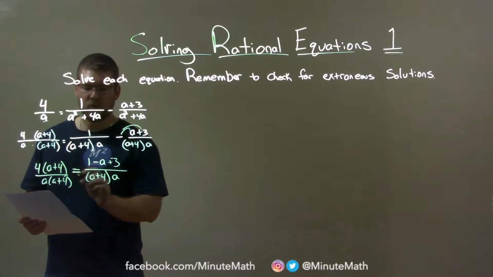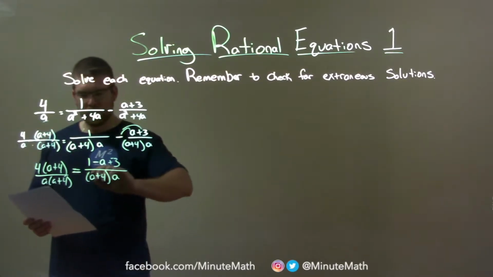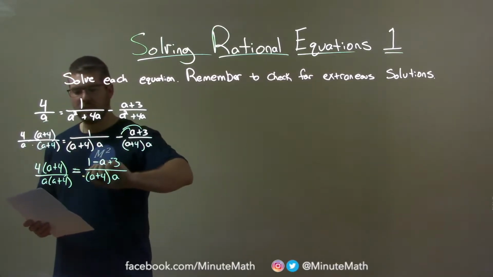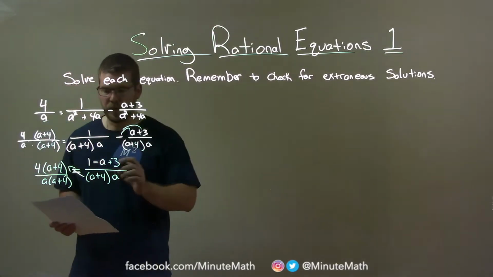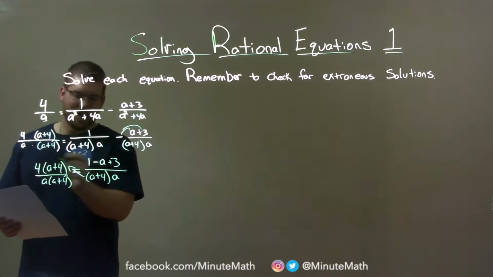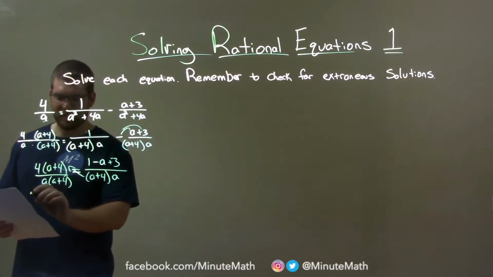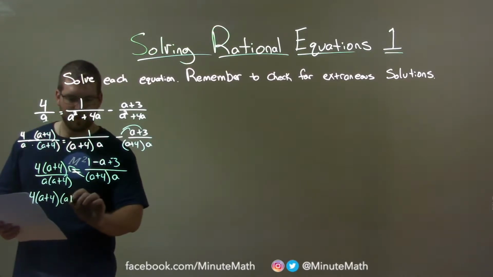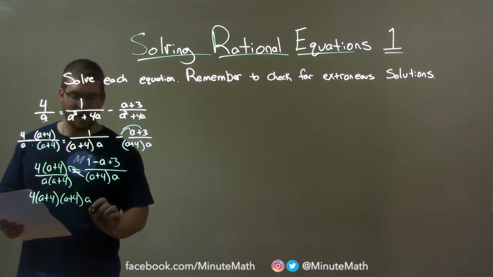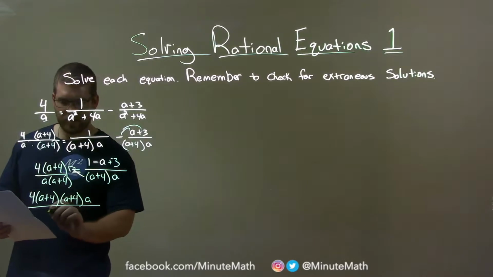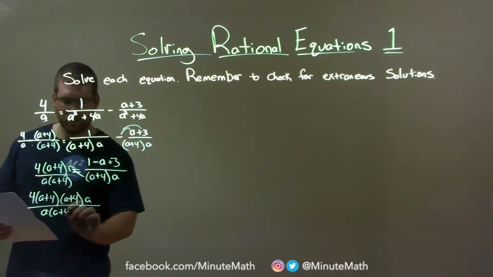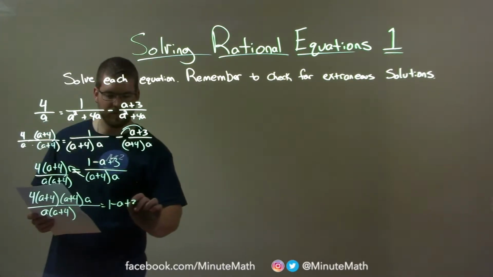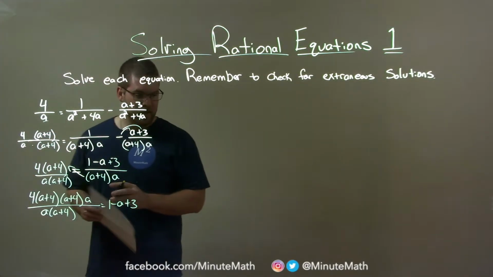Instead of cross multiplying, I am just going to multiply this denominator up here to the left. Now watch this, okay? I'm not going to multiply it all out here. So we have 4 times a plus 4 times a plus 4 times a over that denominator, a times a plus 4, and that's going to equal 1 minus a plus 3. Actually, that one, why not?